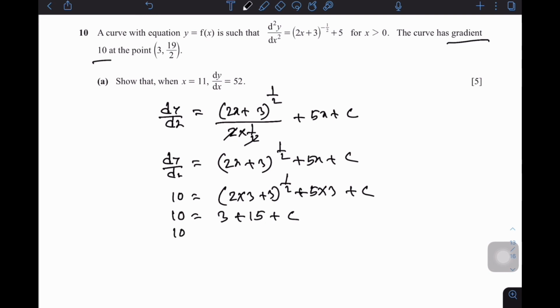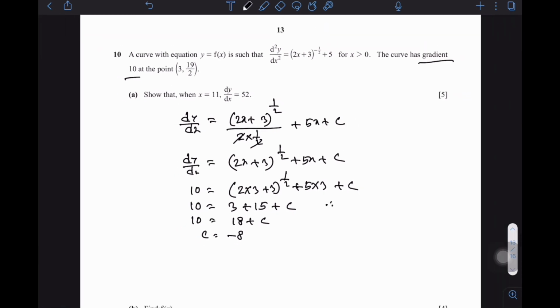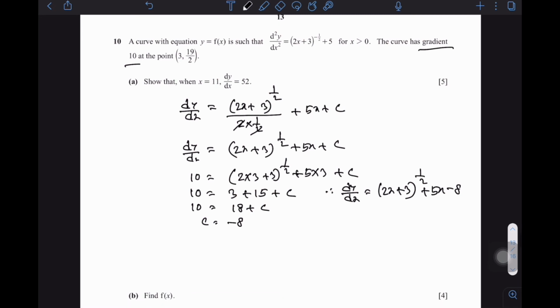So 10 equals 15 plus 3, 18, 18 plus c, c equals minus 8. Therefore, the equation becomes dy dx equals 2x plus 3 to the power half plus 5x minus 8.